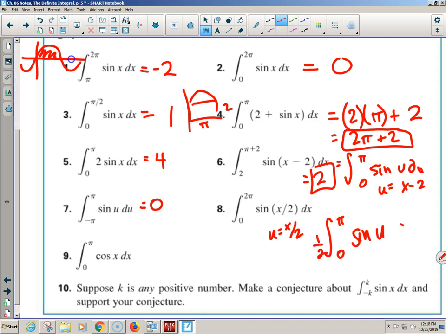Wouldn't that be 1/2 du if I took the derivative of both sides? I'm cheating just a little bit. But didn't this guy just get horizontally stretched by a factor of 2? Stretched by a factor of 2, right? Horizontal on the inside. Huh.